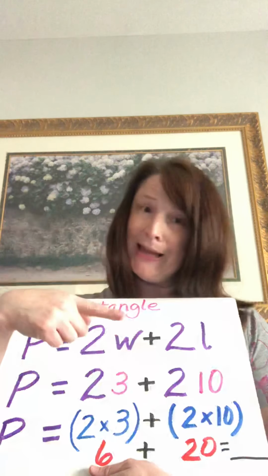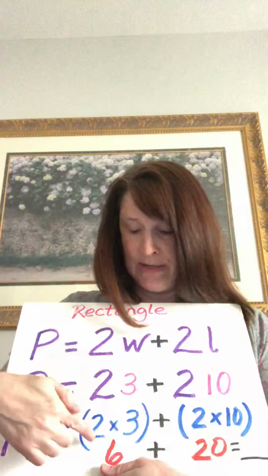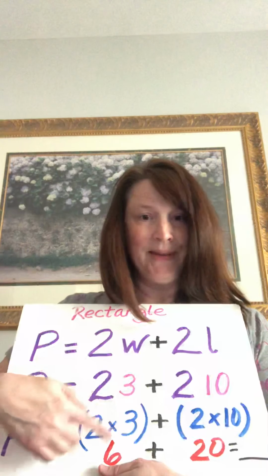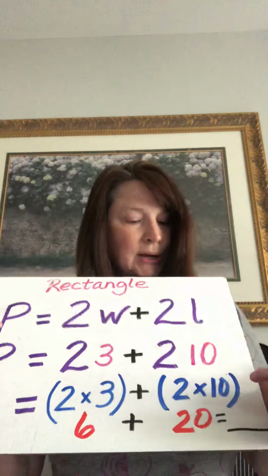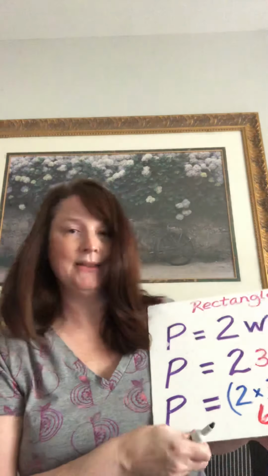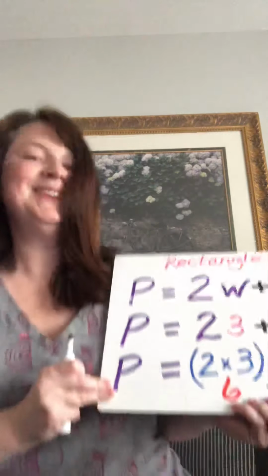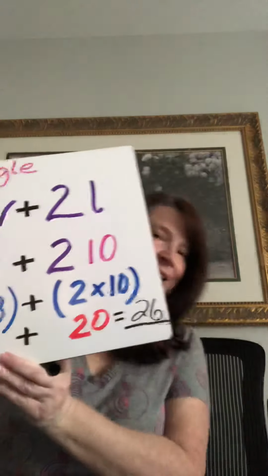So to use the dimensions of that particular rectangle, which was a 3 by 10, we figure 2 times 3, okay, that equals 6, and 2 times 10, that equals 20, and so we now have the sides, and so we're simply going to add those two together. So that's 6 plus 20 is 26, okay? So our perimeter is 26.